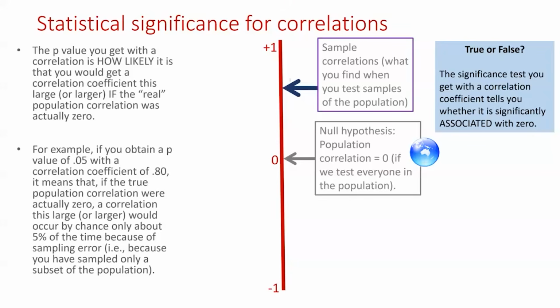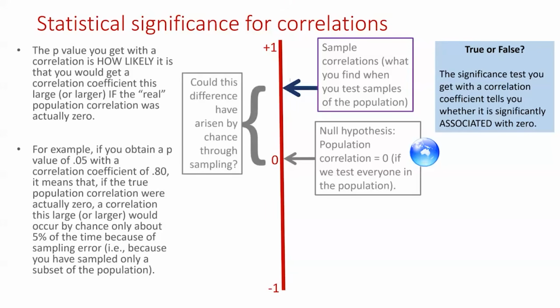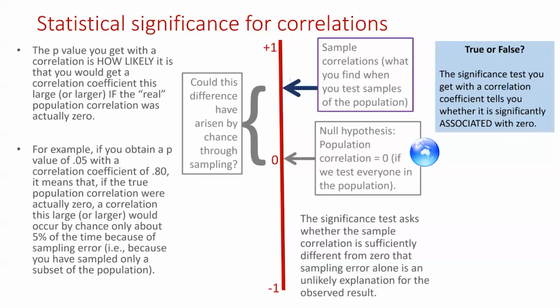And so let's say we get some number up there. So what's that? Yeah, 0.6, 0.8, something big. The question is, could the difference that we're seeing there have arisen through chance? That is, the real correlation isn't the 0.8 that we're seeing, it's actually a big fat 0. What's the chances of that? And essentially that's the question the significance test is answering.